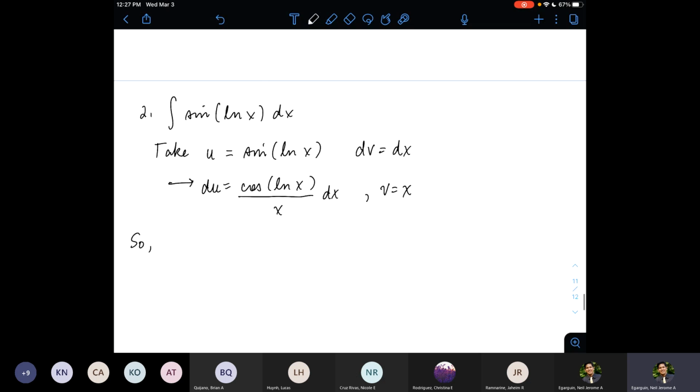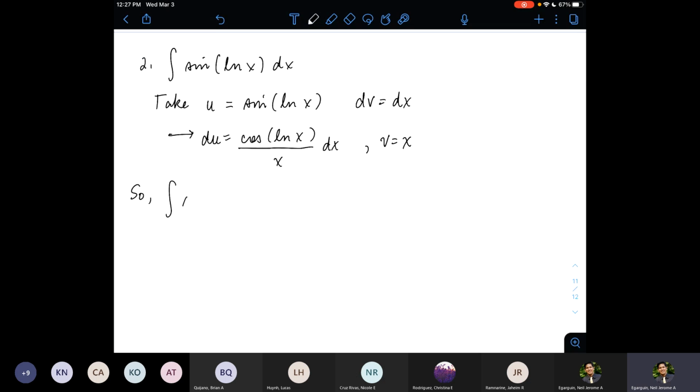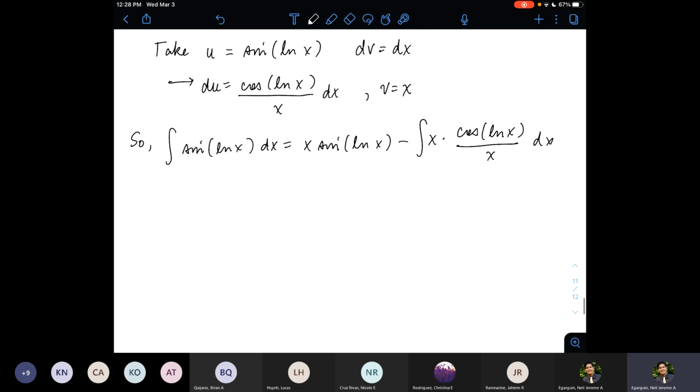So the integral of sine of ln x dx will be uv. So we'll have x sine of ln x minus integral of v du, x times cosine ln x over x dx, right? So I just applied IBP here, formula number 1.